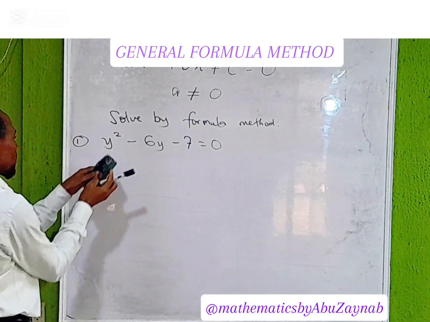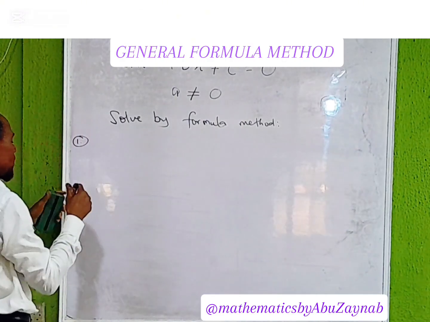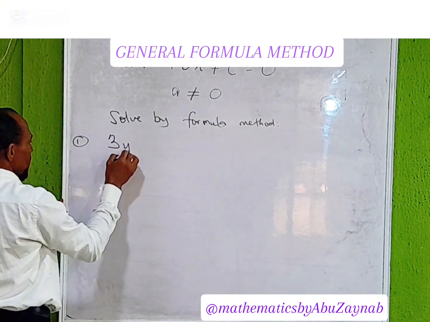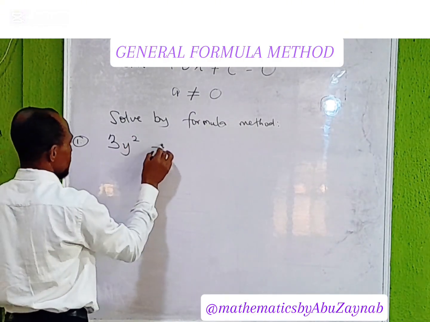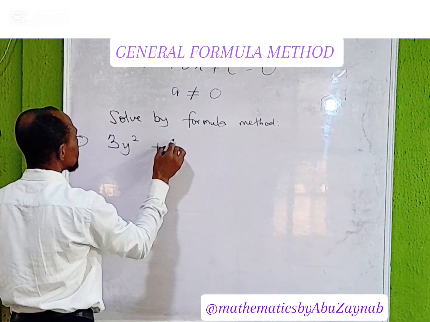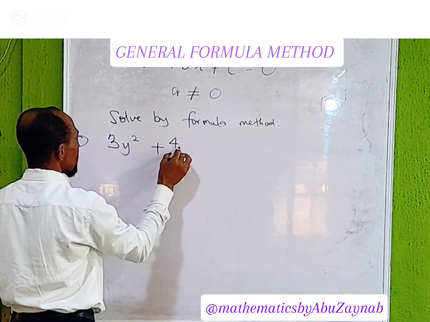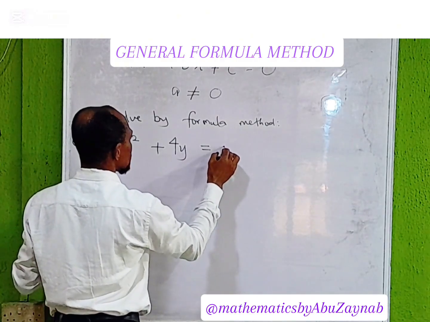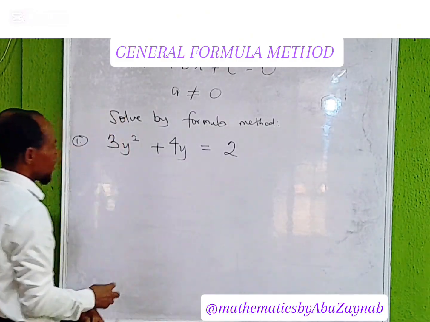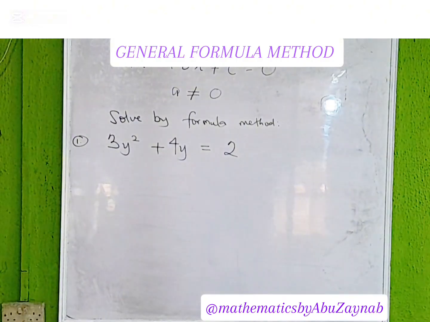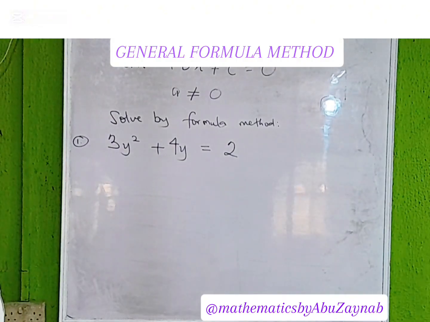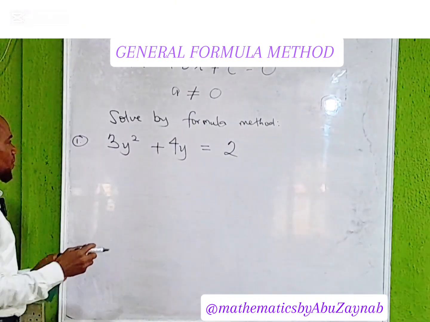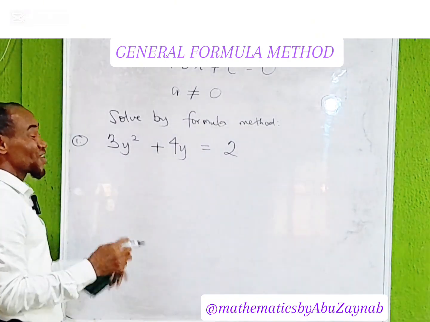Now, the next question, say we have 3y squared plus 4y is equal to 2. If you are to solve this, the very first thing you need to do is to identify your A, B, C. But before then, this question is not yet in the standard form.